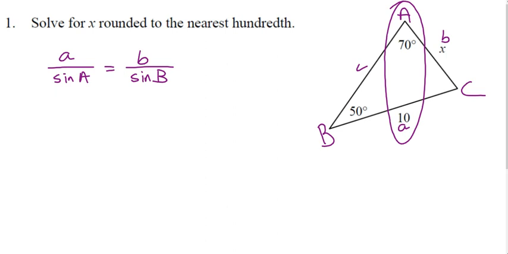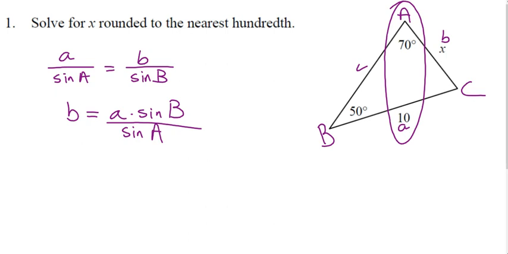If you stick what you want to find on the bottom, then you've got to cross multiply and then divide. Before we fill it in, we can solve this equation and say, I want to find little b, and it's going to be equal to a times the sine of B over the sine of A.